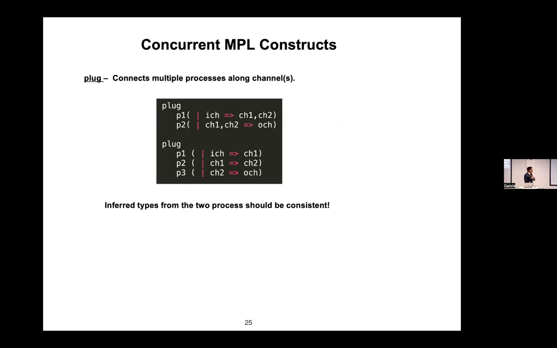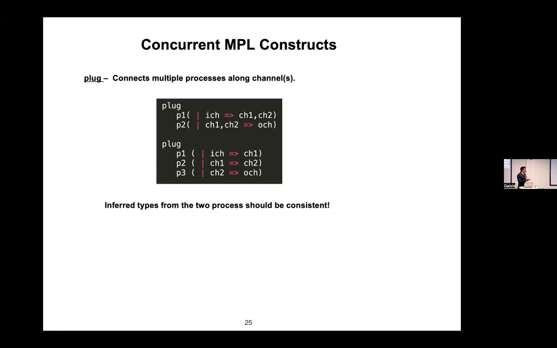Now, plug is a very important concurrent MPL construct. If you have two processes, P1 and P2, and you want to connect them together, to make them talk to each other, they need to be connected via a channel, or maybe as many channels as you want. For example, in the first part, P1 and P2 are two processes connected by two channels.